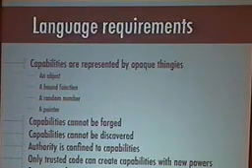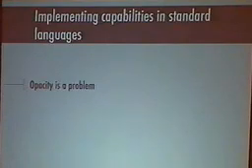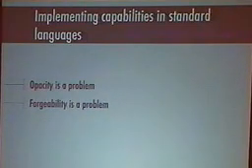So, implementing these in standard languages. Opacity is a problem because most standard languages do not provide opaque objects. Forgeability is a problem because most standard languages like to let you poke around and do introspection or looking inside RAM or any of that stuff.